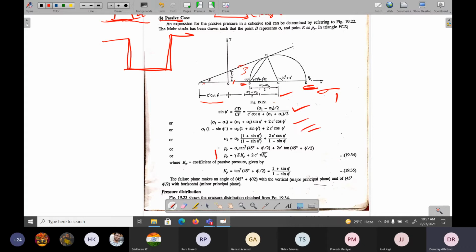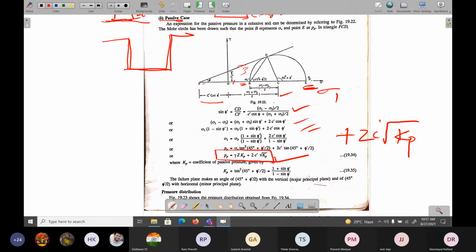What you will get finally here is 2C root KP. If you try to solve this equation by using the Mohr circle, we will get the plus 2C root KP for a passive case.